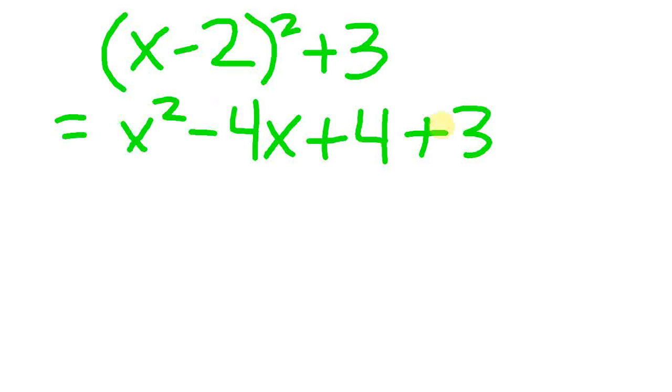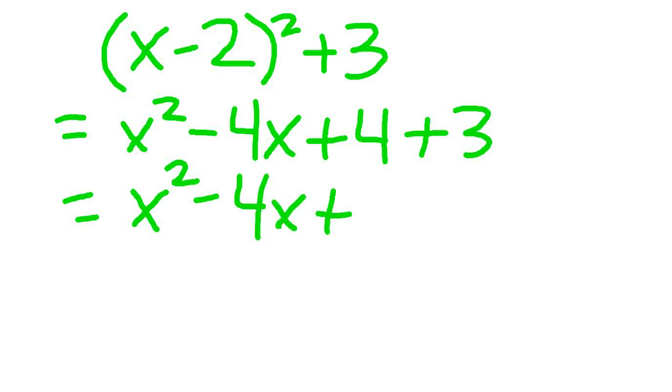Okay, so we can simplify this further, in particular these constant terms. So it becomes x² - 4x + 7. Okay, and we can use the quadratic formula to find zeros here, and it should be the same answer we got before, which was 2 plus or minus the square root of 3 i.